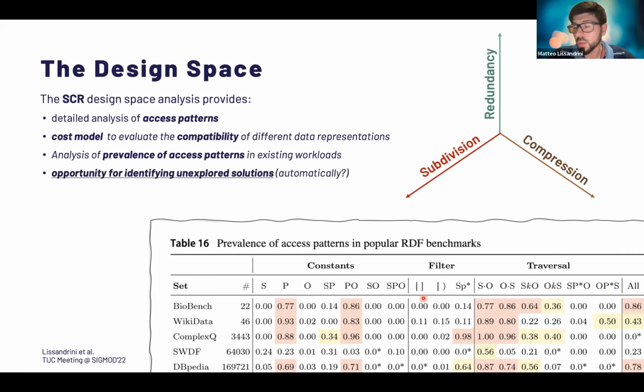But what we also hope to achieve later on is, with this methodology, to enable the opportunity to identify and explore solutions of storage representations, and maybe even automatically suggest different storage representations in order to address an evolving workload.